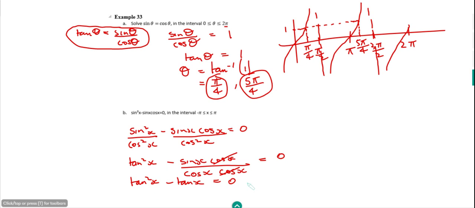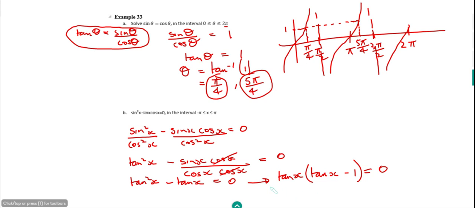And so from that I can factorise it. I can take out a tan, because that's the common factor. So I can take a tan x to the front, and inside the bracket I'll get tan x minus 1 equals 0. So there's two solutions from that.